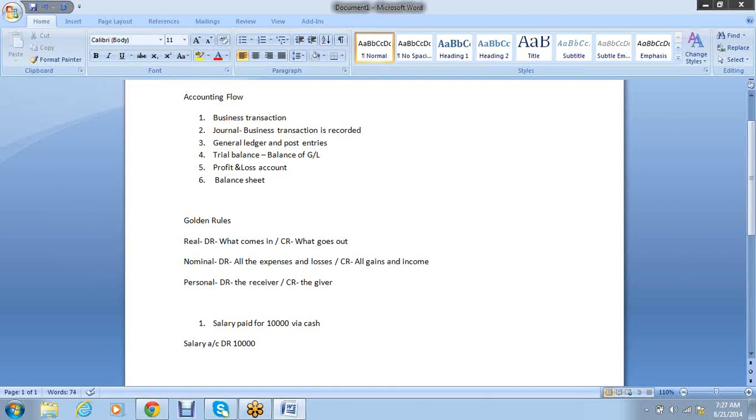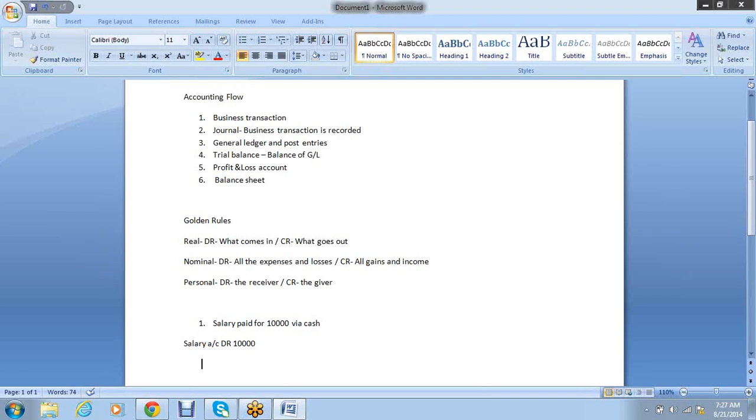That's why we call it double entry bookkeeping. Two entries are always posted. One entry is never posted, and the total debit and total credit must be the same. So now one entry is done with the salary debited. Another entry has to be a credit.